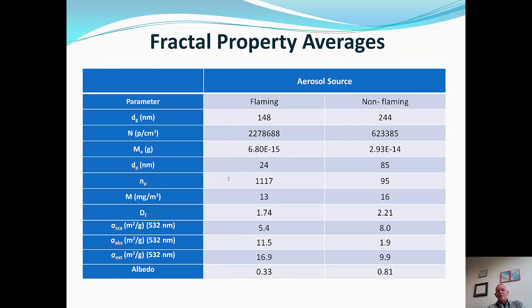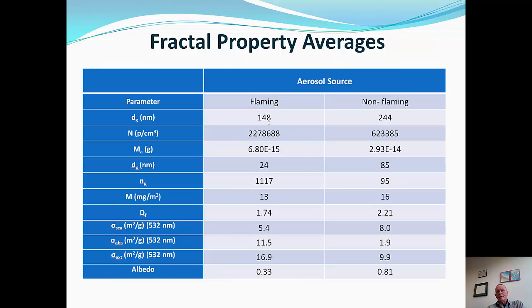And you can see that when you have a flaming particle, and this is for a whole bunch of tests, probably 80 or 90 experiments all lumped together here, on the average the very tiny particles are about 24 nanometers in diameter. That's very, very small. For non-flaming, they're a little over 3 times as big, like 85 nanometers in diameter on the average.